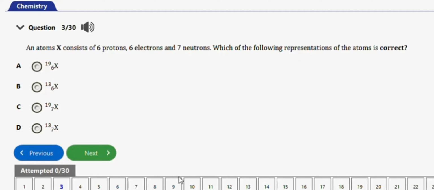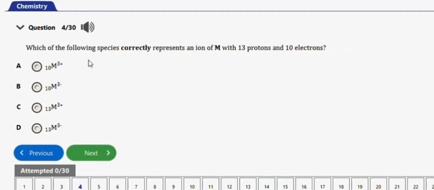The next question will be this one. It says which of the following species correctly represents an ion M with 13 protons and 10 electrons? Okay, since it has 13 protons and 10 electrons, the right option would be option C. So this is aluminium, and it's a charged atom.